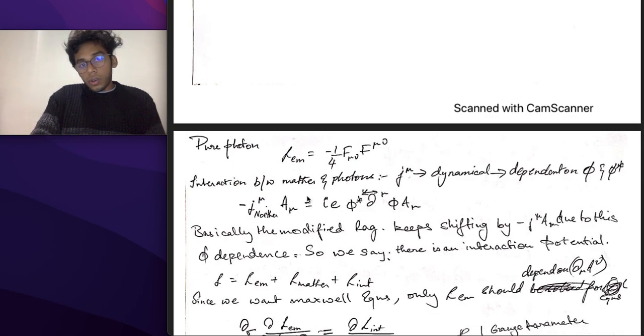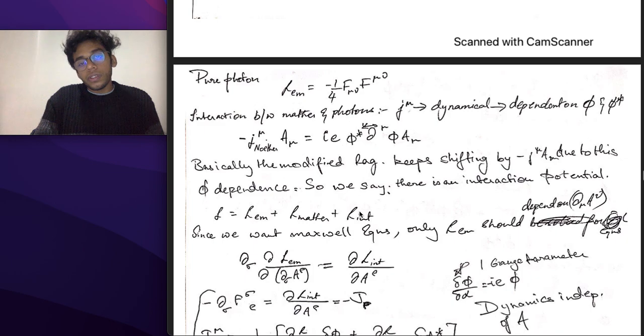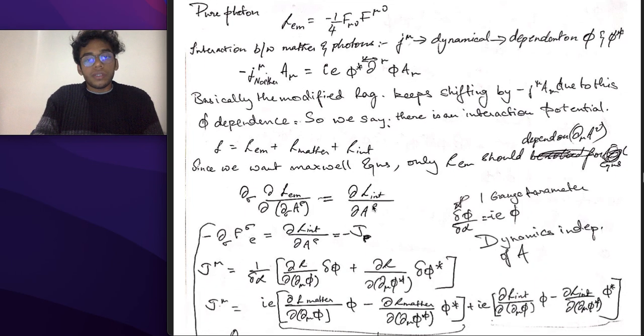When the original Lagrangian itself gets shifted, you again need to redefine J^μ and plug it back in, so it becomes an infinite loop and you won't be able to do any calculation. So what you do is you introduce an interaction term.